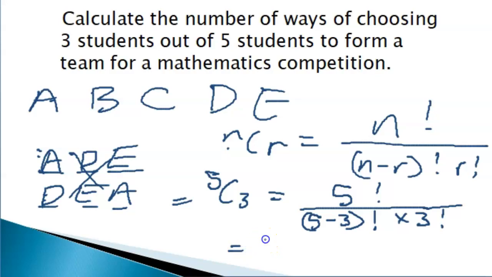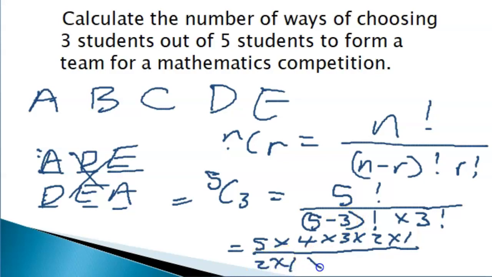5 factorial, that's 5 times 4 times 3 times 2 times 1. In the bracket here, we have 5 take away 3, that's 2 factorial, that's 2 times 1. And 3 factorial is 3 times 2 times 1. So 3 times 2 times 1 up here cancels with 3 times 2 times 1 down here.